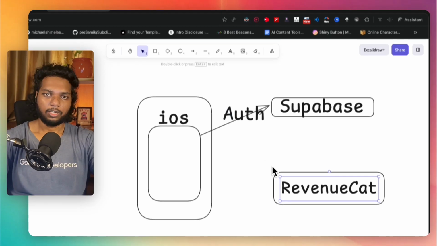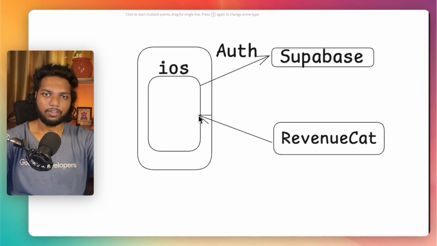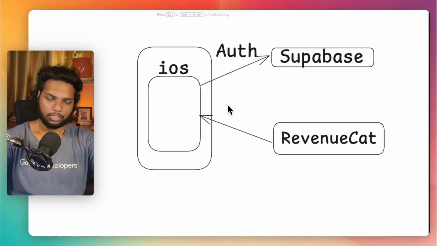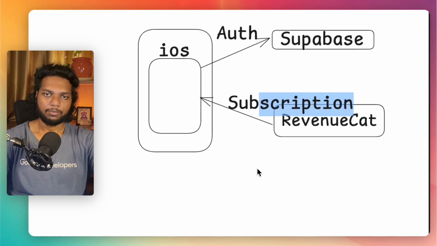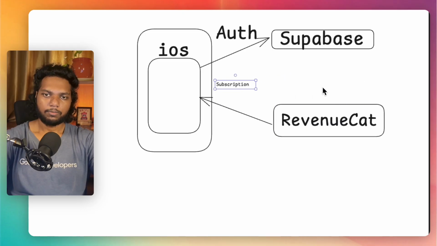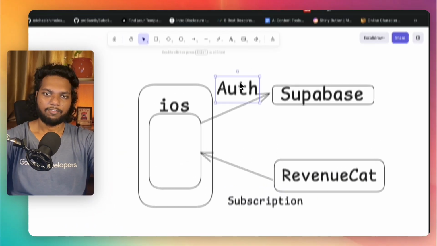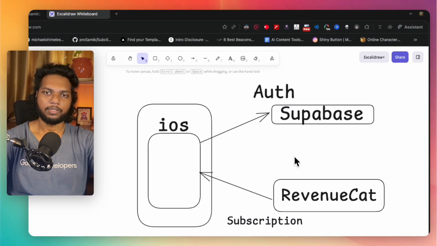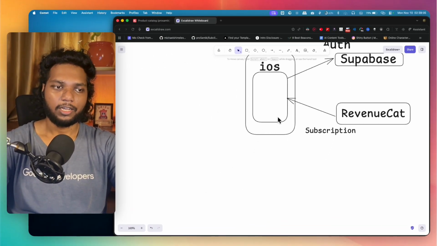And for payments, payment verification and subscription, I use RevenueCat. So for subscription, I use RevenueCat, and for auth, I use Supabase. This is how my API actually works.